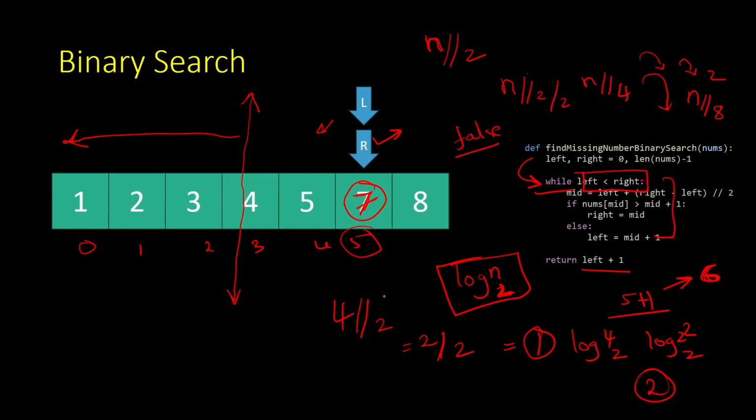So we need to divide the entire set of elements in half 2 times to get to a single element. That's what this represents. So in any kind of binary search, or places where we're dividing our workspace into half multiple times till we reach one element, generally remember the time complexity would be log n base 2.